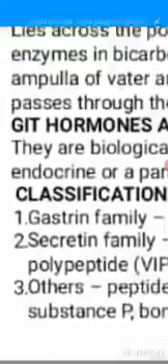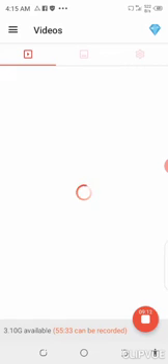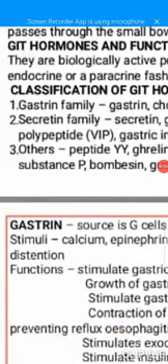All right. So now, the next thing we should talk about are the GIT hormones. GIT hormones can be classified into three groups: the gastrin family, the secretin family, and the others.